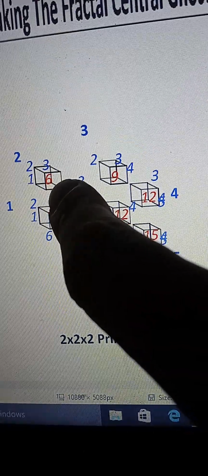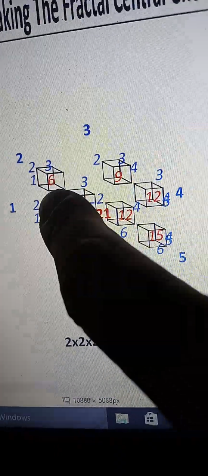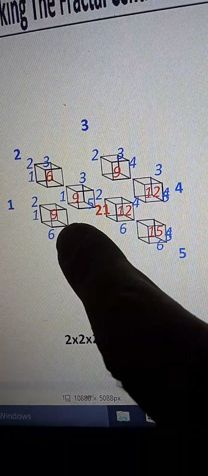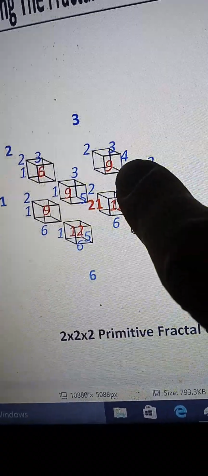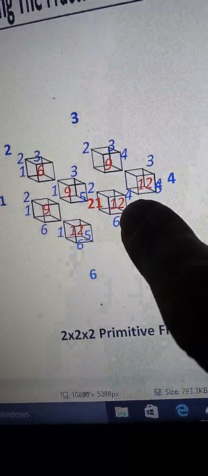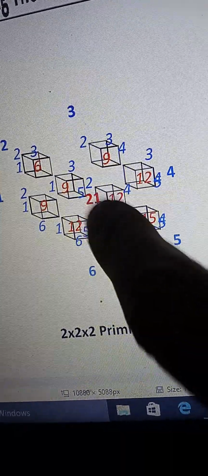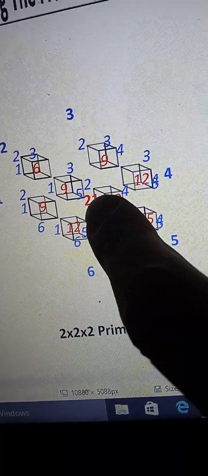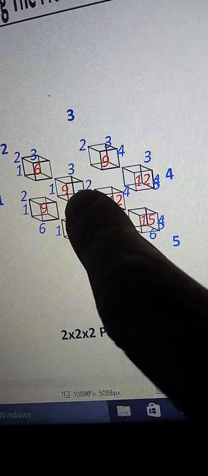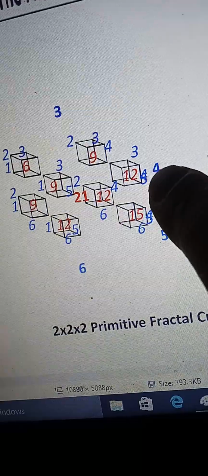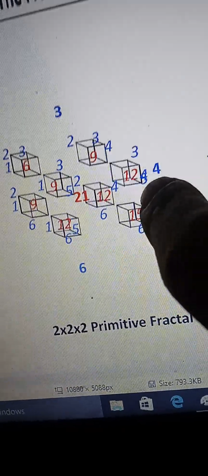And what they produce in red, these are the central ghost numbers. When you add the numbers that contribute to that central ghost number cube, for each of them, they add 3, 2, and 1 is 6. 2, 1, and 6 is 9. 2, 3, and 4 is 9. 2, 4, and 6 is 12. 1, 3, and 5, I'm sorry, is 9. 1, 5, and 6 is 12. 3, 4, and 5 is 12.